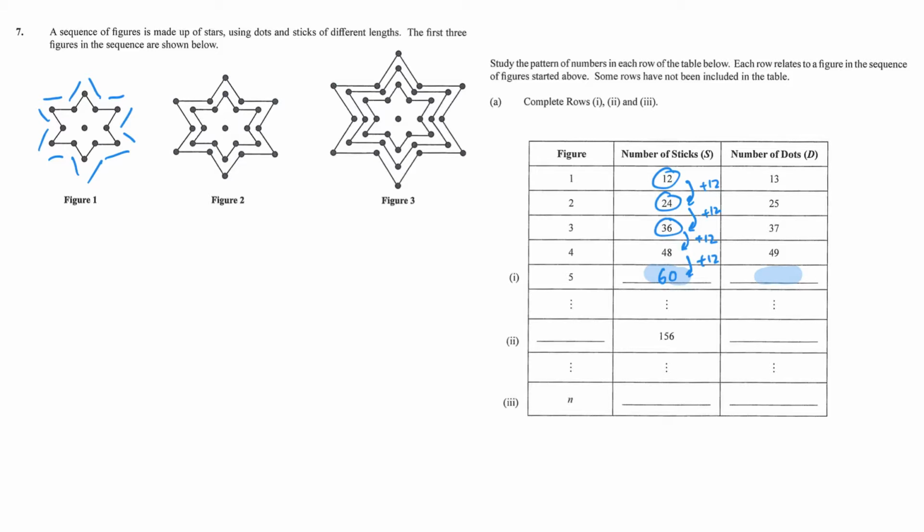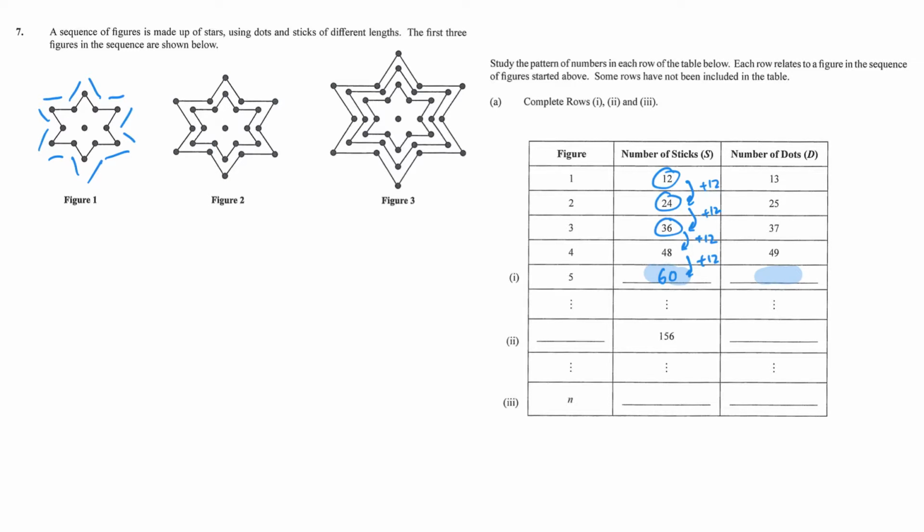In figure 2, we have 24 sticks, which is 2 times 12. In figure 3, we have 36 sticks, which is 3 times 12. And in figure 4, we have 48 sticks, which is 4 times 12. So for figure 5, we can also compute this by doing 5 times 12, which again gives me 60.